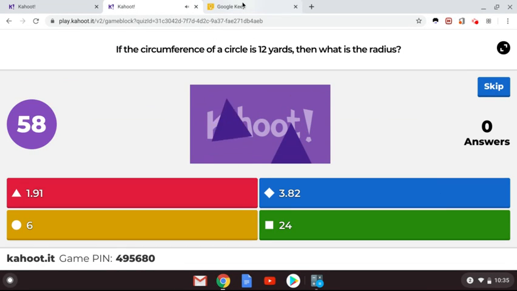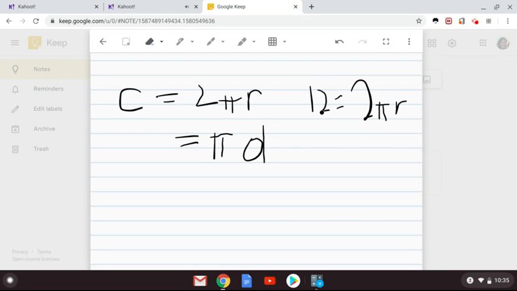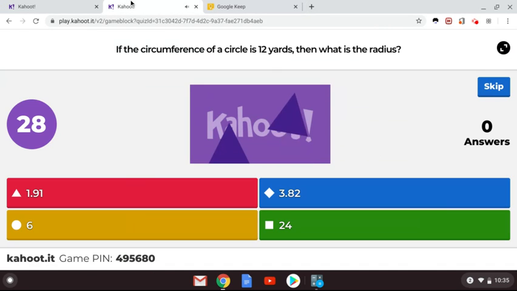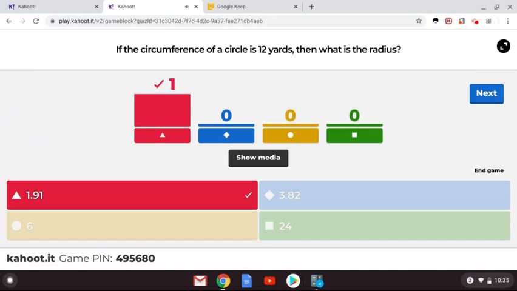I know I'm going to divide both sides by 2 here, and then I get 6 equals pi r. It's really hard to show you guys. This is 3.14, so divide that 6 by 3.14. 1.91. There you go.